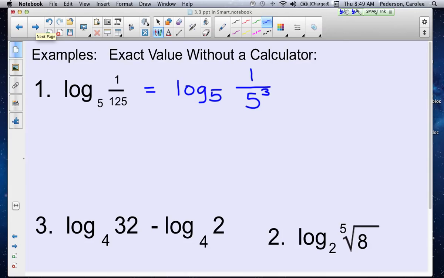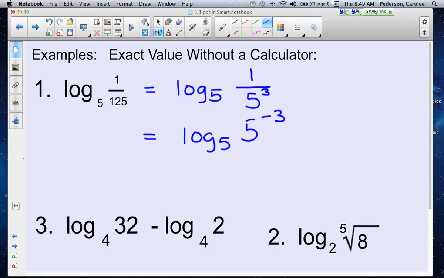And then can I rewrite that as a negative exponent? So it looks like this: 5 to the negative third. Now there's two different ways you can go with it. You can either bring the negative down in front, or you can leave it.